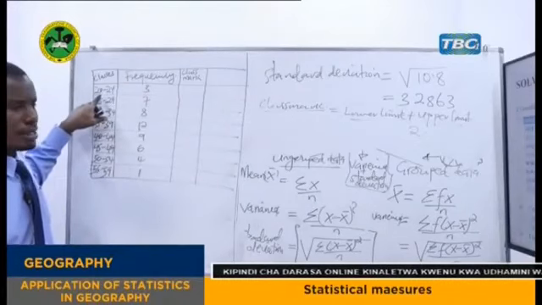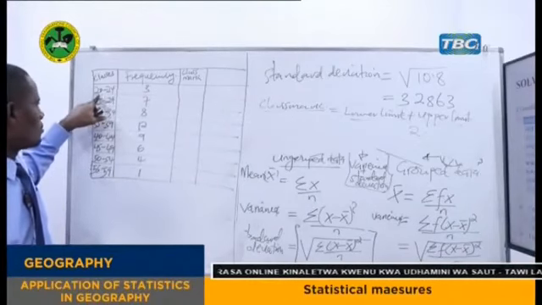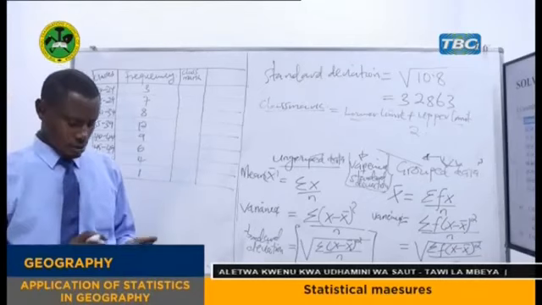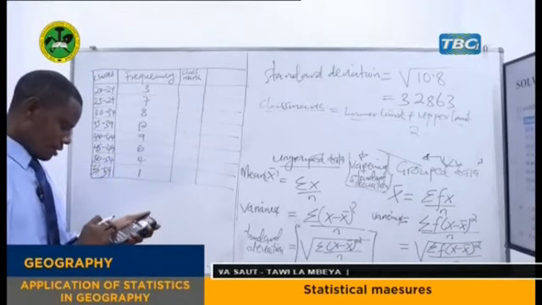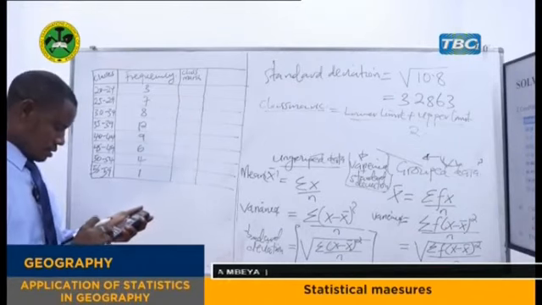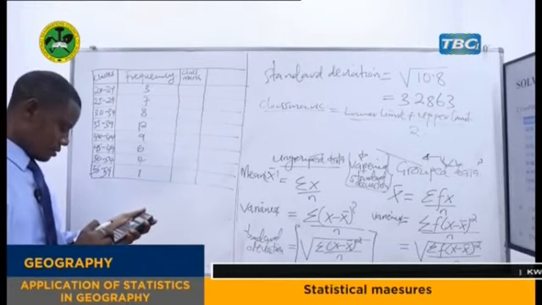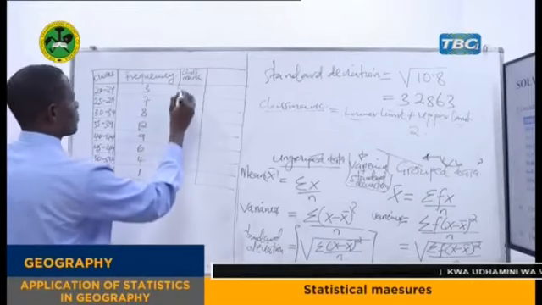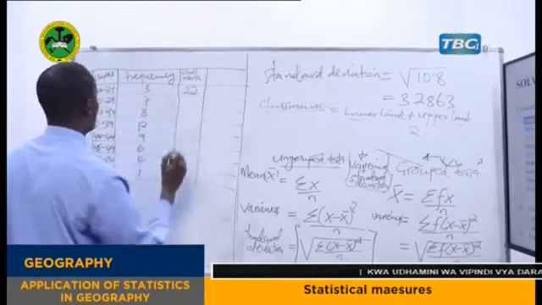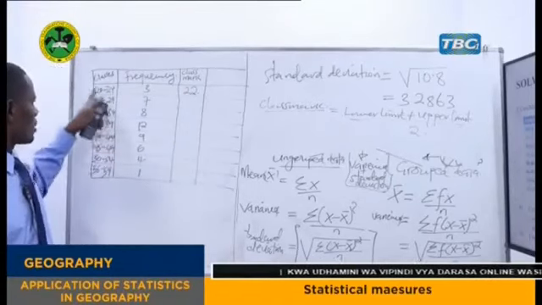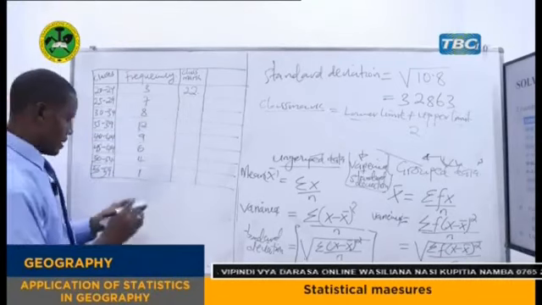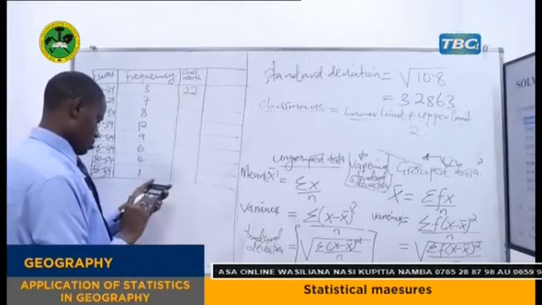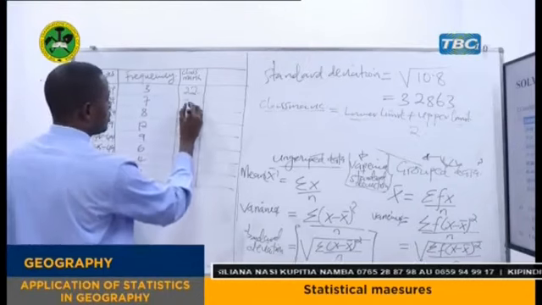So for the first class, the lower limit is 20 and the upper limit is 24. We take 20 plus 24, then we divide by 2. So for the first class mark, we have 22. And because the class interval over there is 5, it will be 22 plus 5, then we get 27.